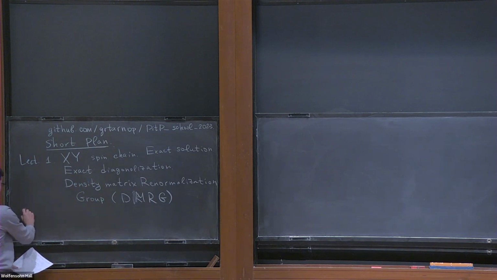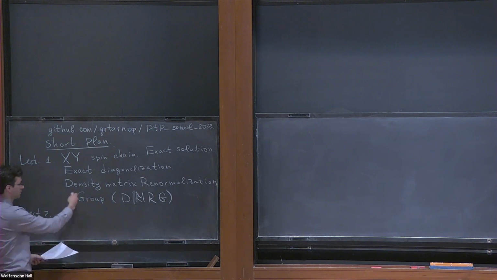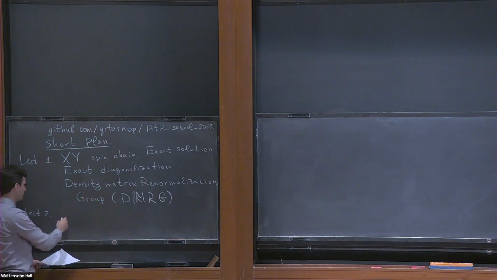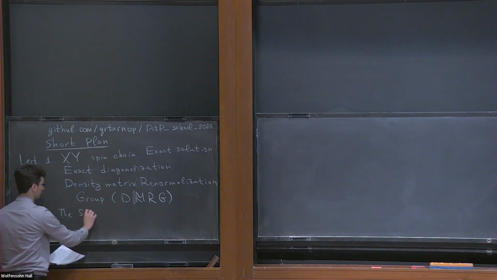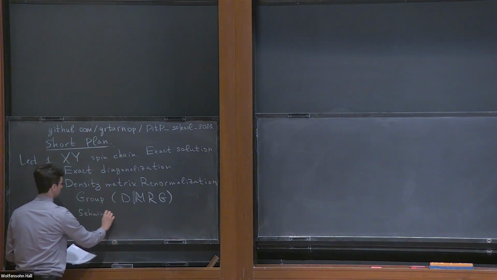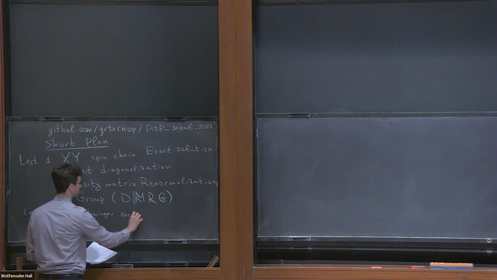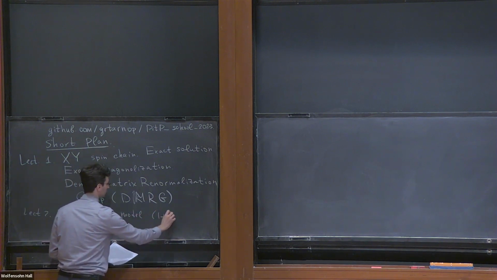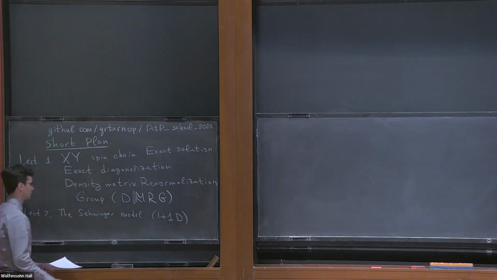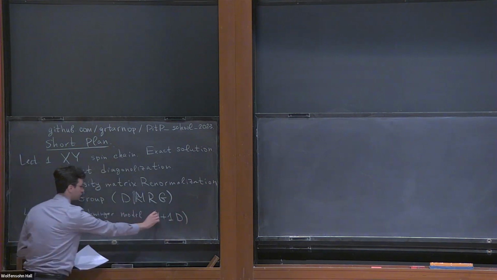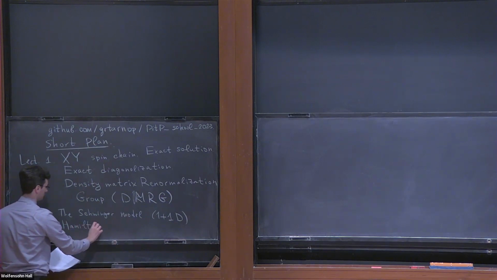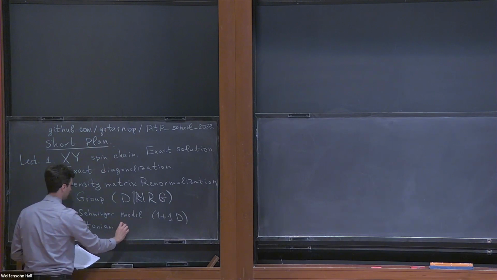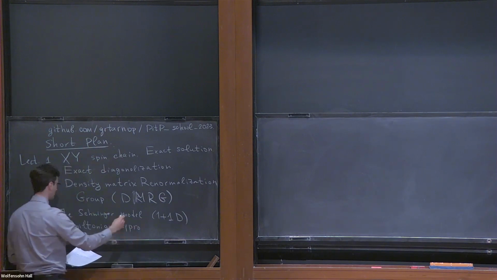Lecture 2 will be about the same numerical methods, but for the Schwinger model in 1+1 dimension, and I'm going to show how to use the Hamiltonian approach to this Schwinger model.